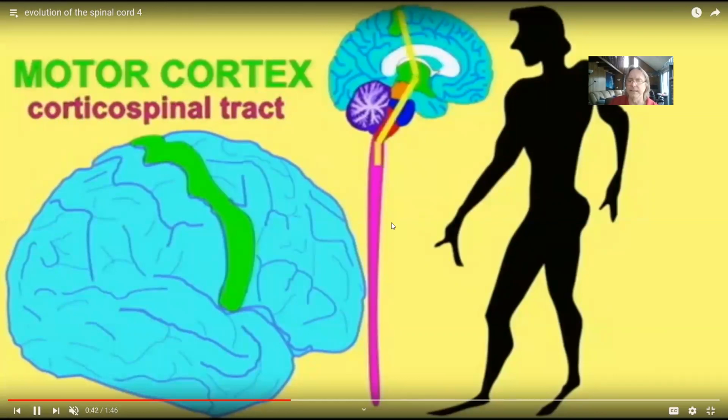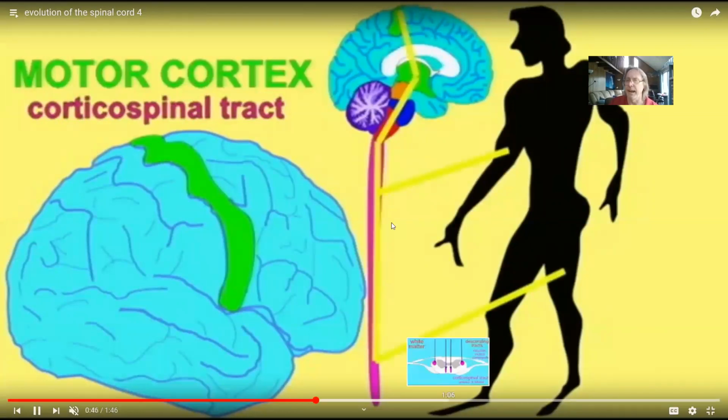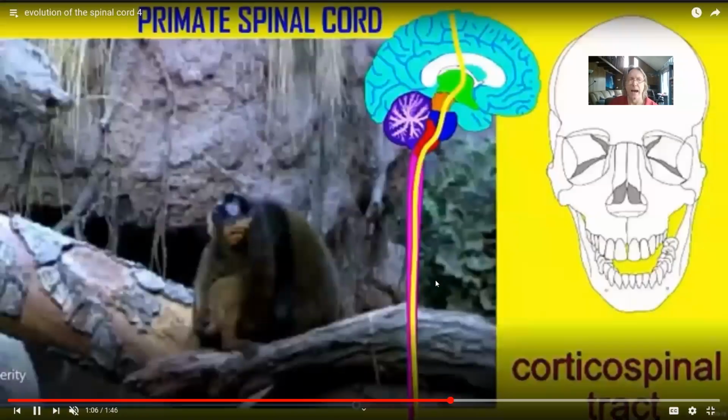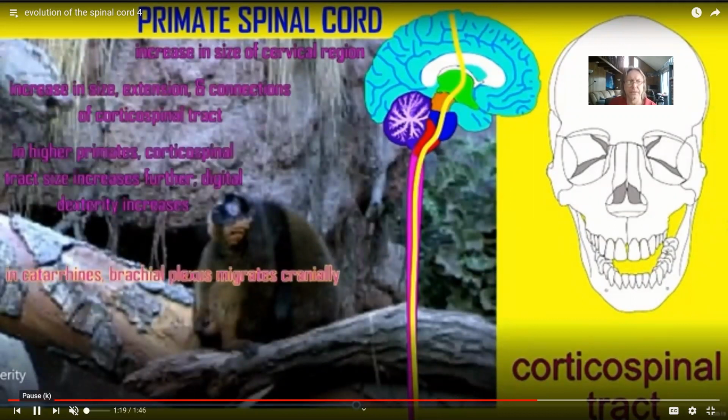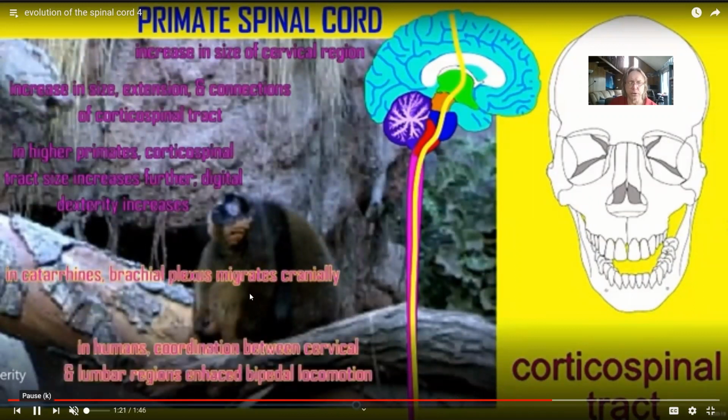And then in primates, it becomes much more highly developed, allowing for, in the hands, for example, great manual dexterity. So primate spinal cords increase the size of the cervical region, with the corticospinal tract larger and more complex. And then we can see some additional changes as we get to the catarrhine primates, those are the Old World monkeys and apes and others.